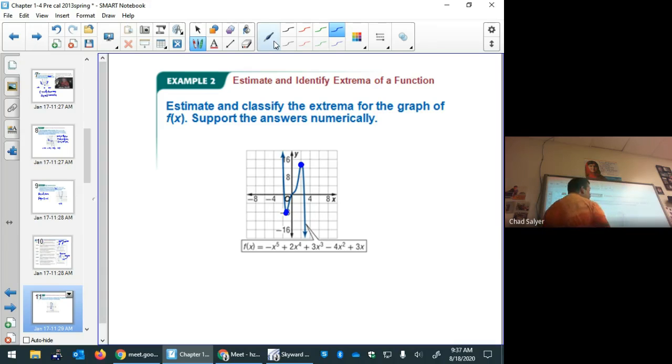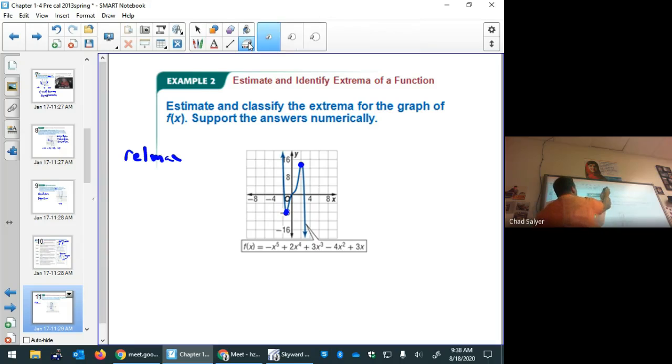Now this is indexed strangely. It goes by 2s on the x-axis and by 4s on the y-axis. Not a good practice. Makes it very confusing. But that looks about like, I don't know, negative 1.5. So at about, we'll say a relative max, relative min. We'll do that one first.